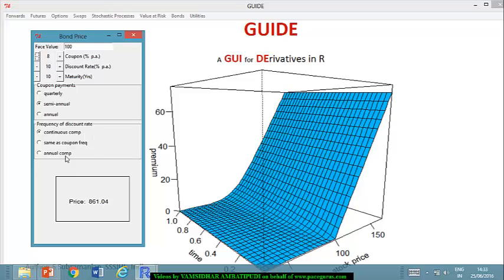So my calculation is telling me that 86.1 is the price of the bond.